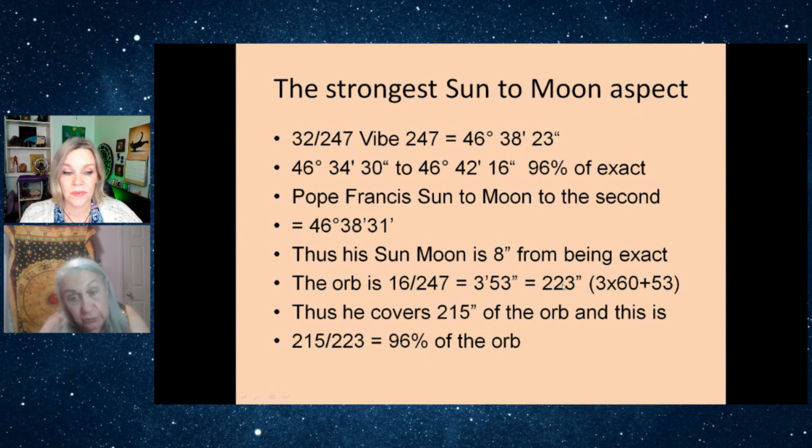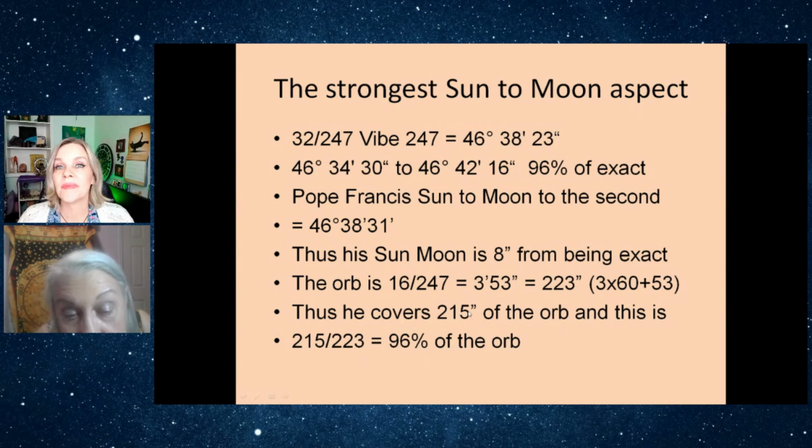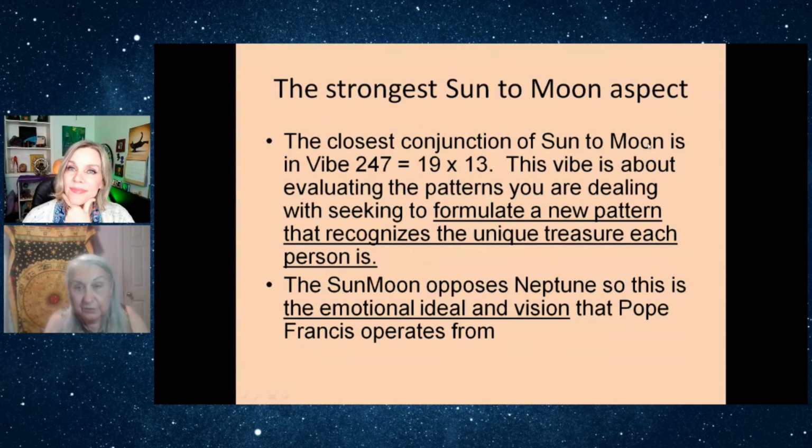Actually, that's 233 seconds, not 223. Okay, so he covers not 215 seconds, but 225 seconds of the orb. So 225 over 233, correcting the numbers, is 96% of the orb. The closest conjunction of sun to moon is Vibe 247, which is 19 times 13.